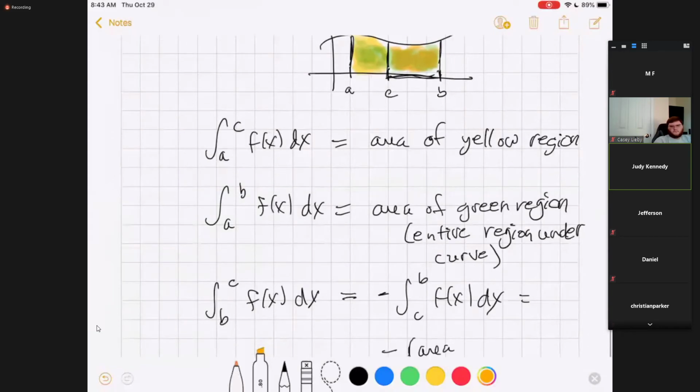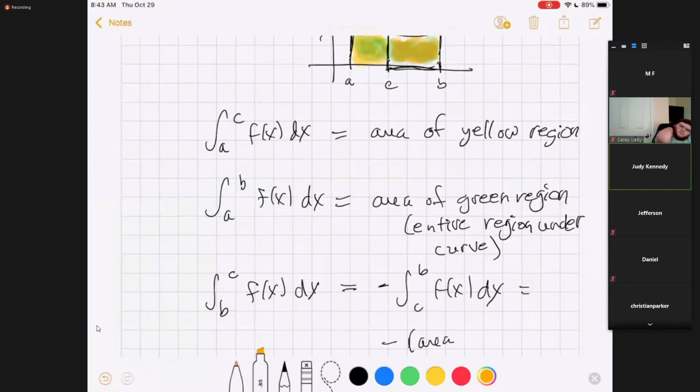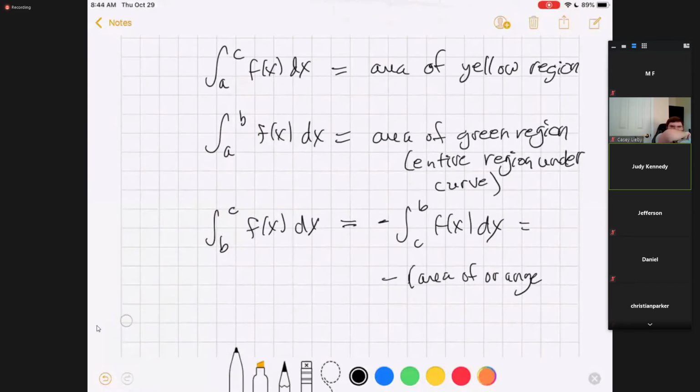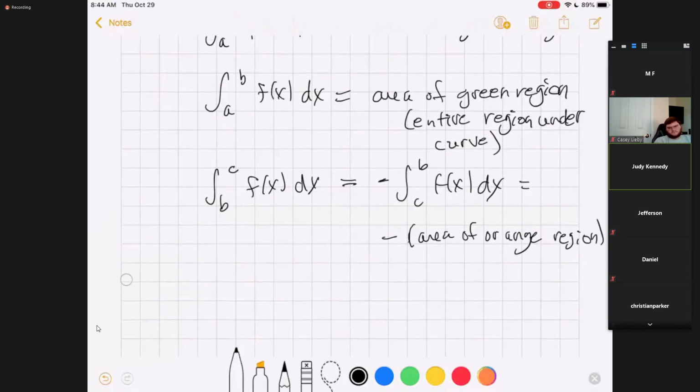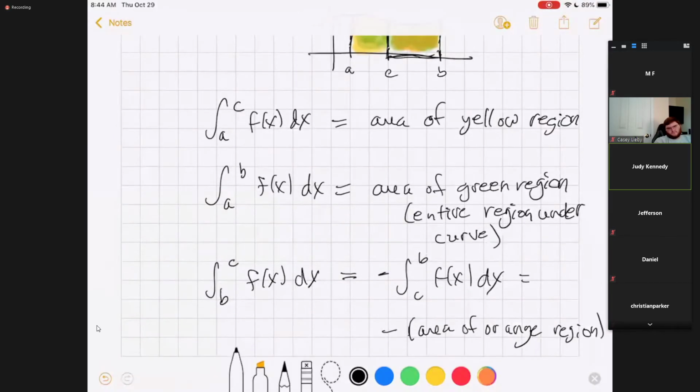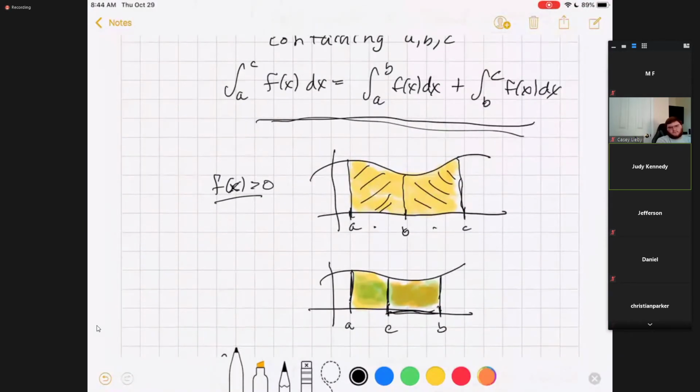I'll call that orange. Minus the area of the orange region. So this rule, let me remember how I wrote it. a to c.